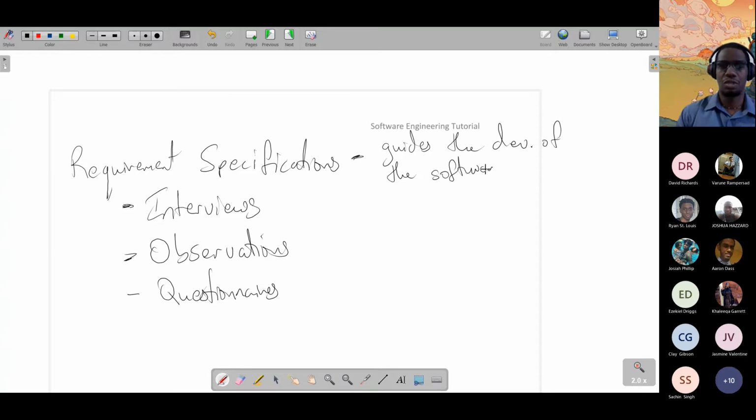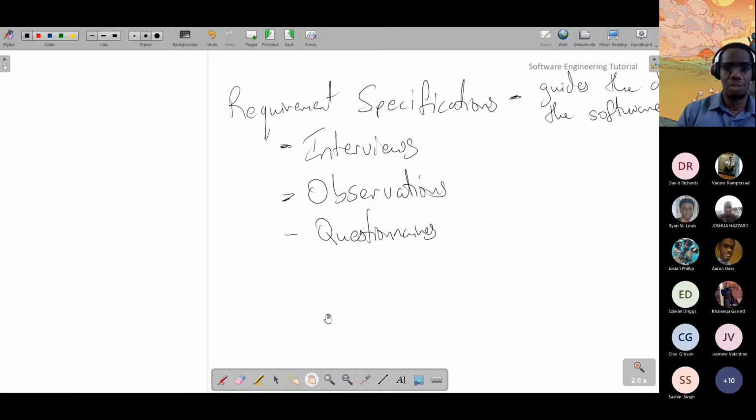When you are doing your requirements gathering, the purpose is to ensure that at the end of the day, when that software is developed, you end up with exactly what is needed by the customer. And the way we find out what is needed by the customer is that we have to investigate.